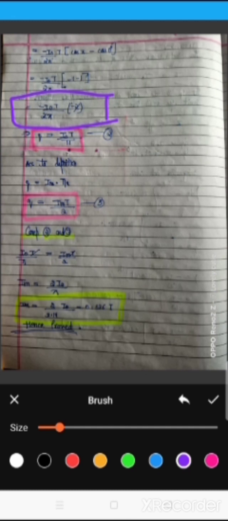Minus and minus cancel, 2 and 2 will also cancel. What is left is equation number 2, which is already highlighted with a pink color: Q is equal to I naught T upon pi.